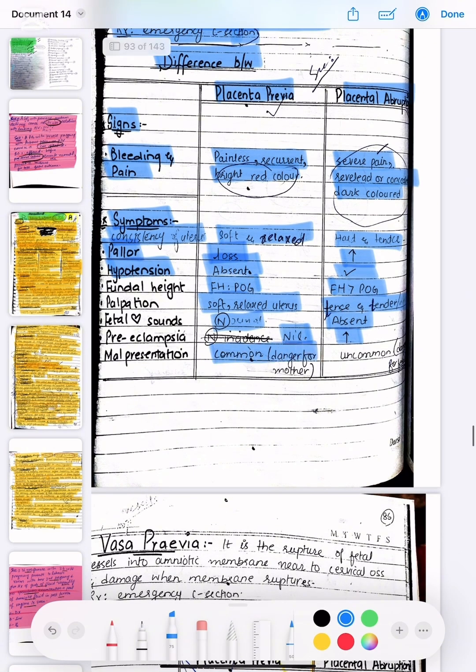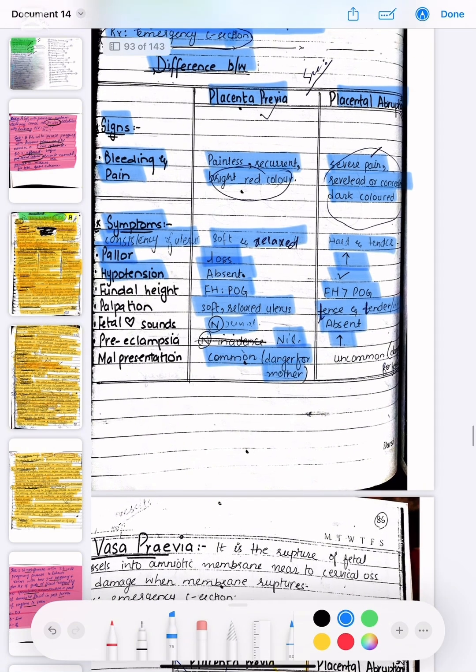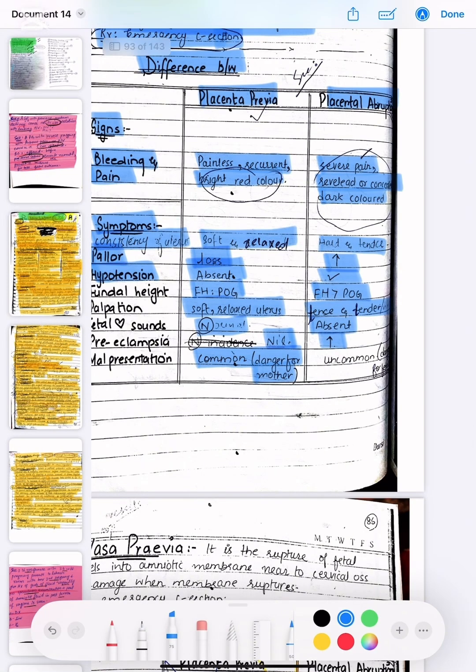Malpresentation is common in placenta previa, while in placental abruption it is uncommon. There is no malpresentation in placental abruption.